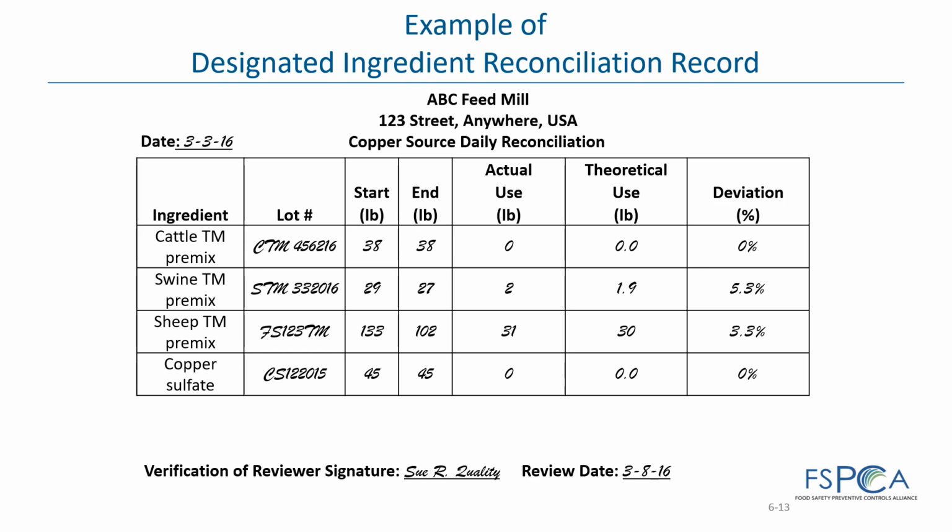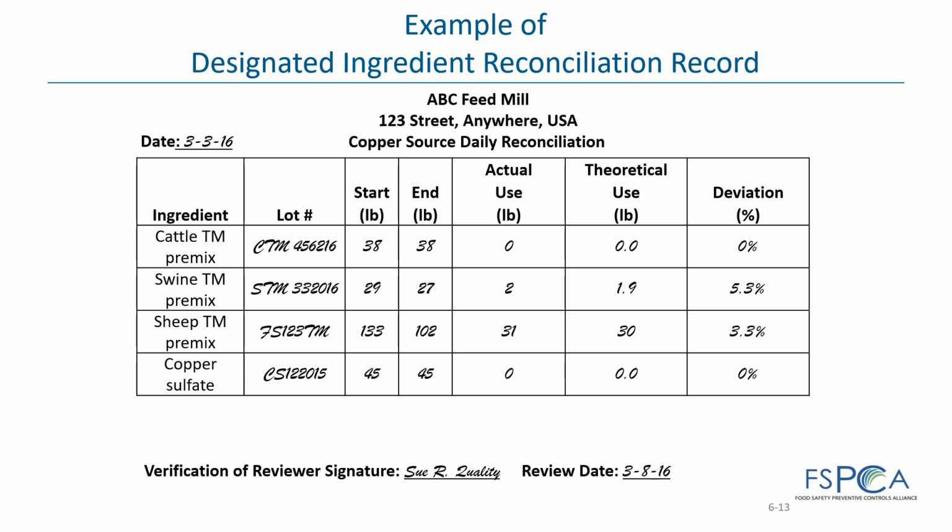Not a very exciting example, but if we take a look at our sheep mineral premix, remember we're most concerned about our sheep premix. So what I started with here, what I ended with here, so I actually used 31 pounds throughout the day. Well, Chad Smith only wrote down that he used 30 pounds. Uh-oh, that may be a red flag.